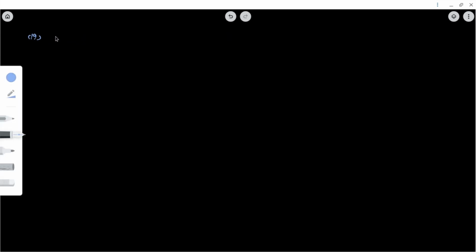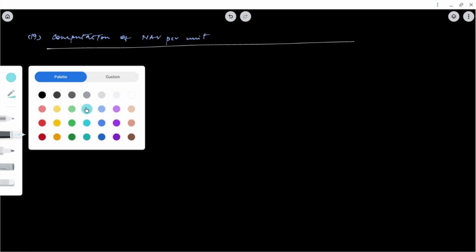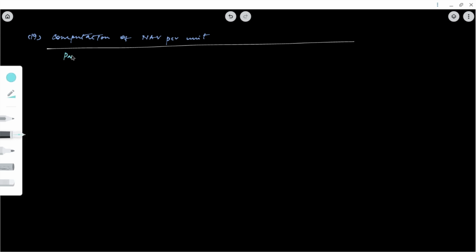Now we will compute NAV per unit. Question number 19, computation of NAV per unit. Particulars, working, amount.